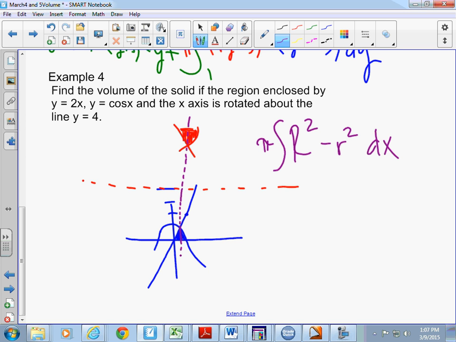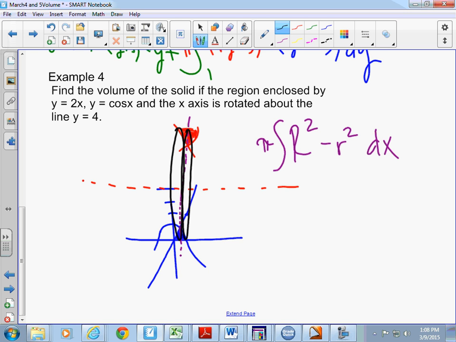Okay. So if I look at my outside radius, what is my outside radius? 4? Yes. It's 4, right? Because the outside circle's always that. I've actually got a cylinder on the outside.